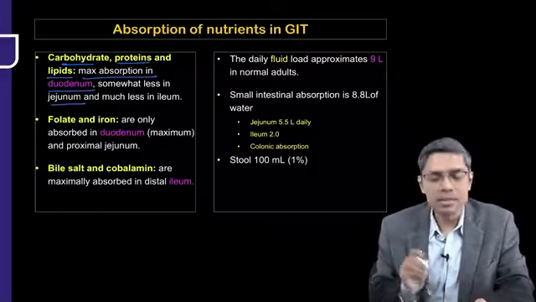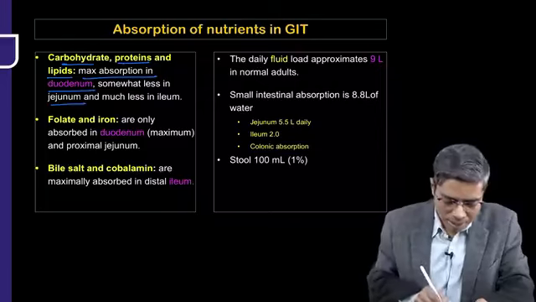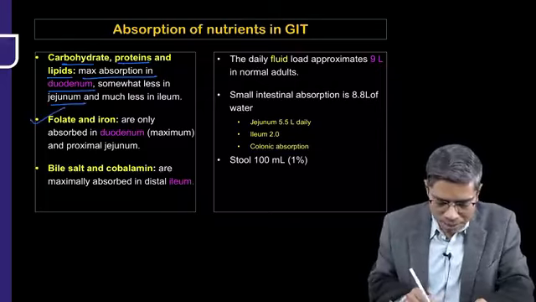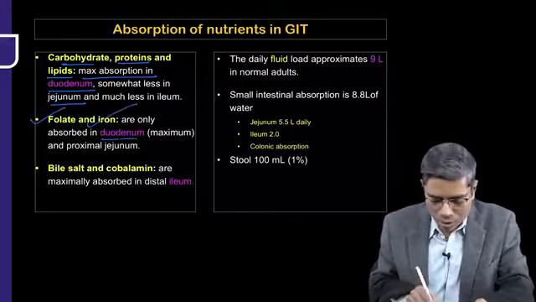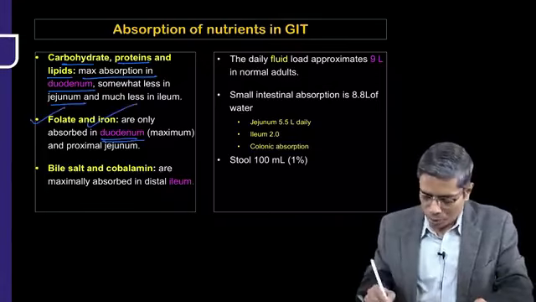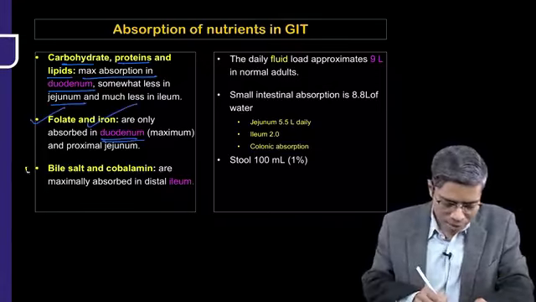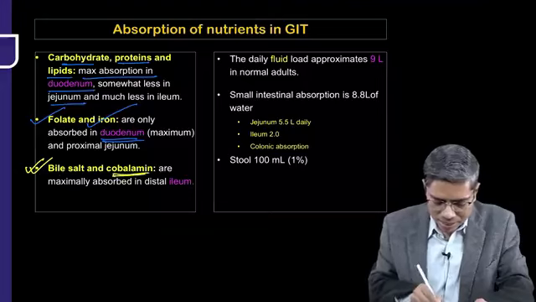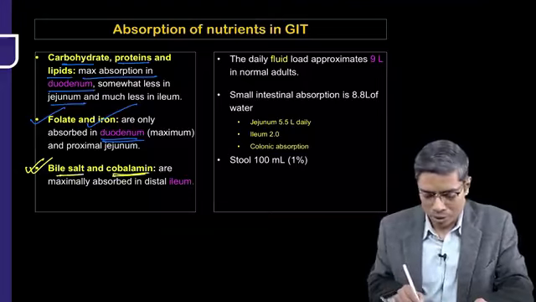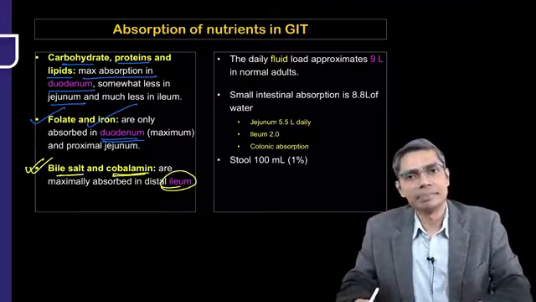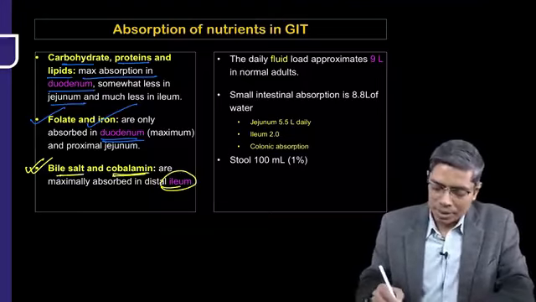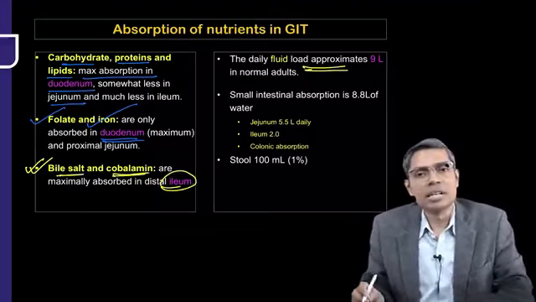Duodenum, followed by jejunum. Similarly, maximum folic acid absorption and maximum iron absorption also occur from the duodenum. But we all know that maximum bile salt and maximum vitamin B12 or cobalamin absorption occur from which part? Ileum. Got it?